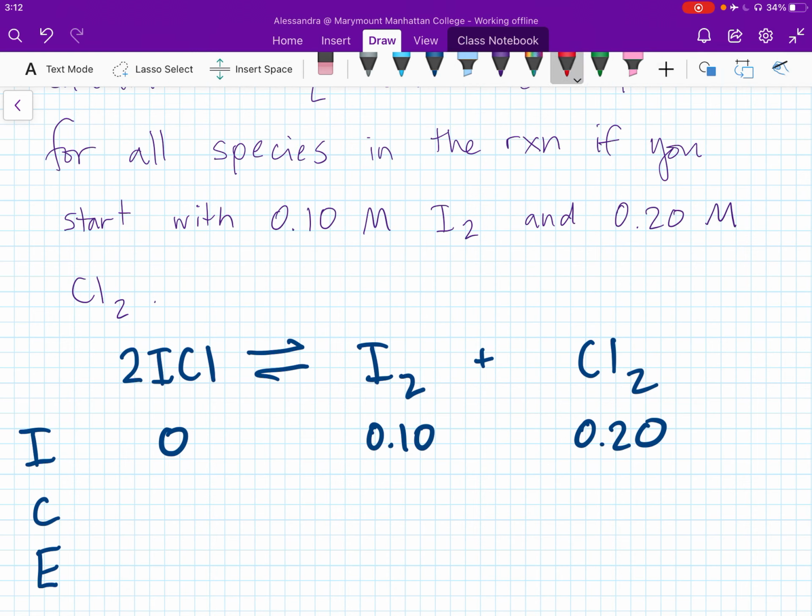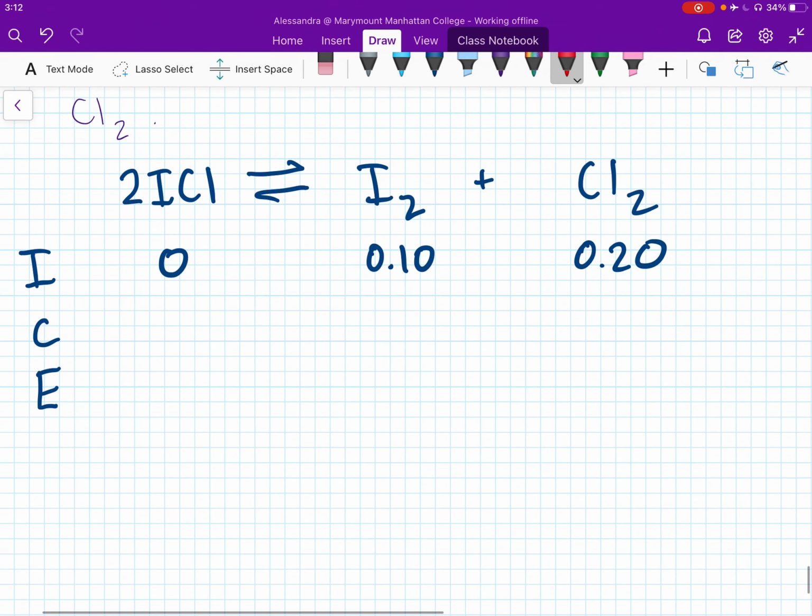So using this bit of information along with the expression for the equilibrium constant K, can we figure out what all the equilibrium concentrations are for the species in this reaction?